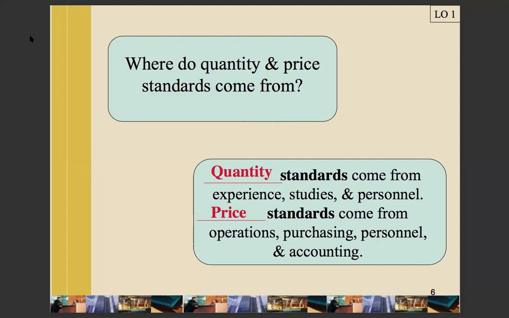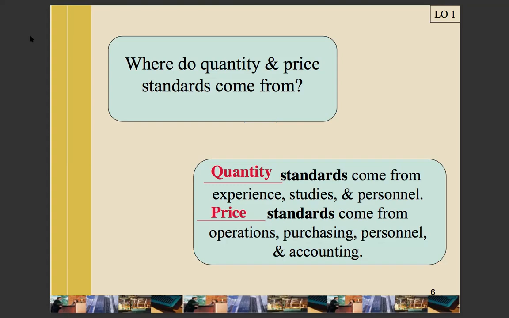So probably another question will be coming: how actually will the standard be developed? There are three potential sources for the quantitative standards: past experience, engineering studies, and operating personnel.